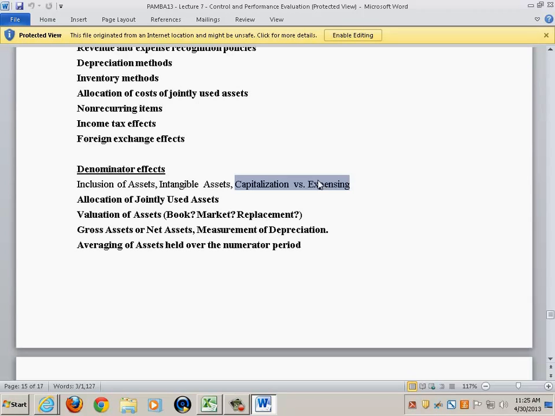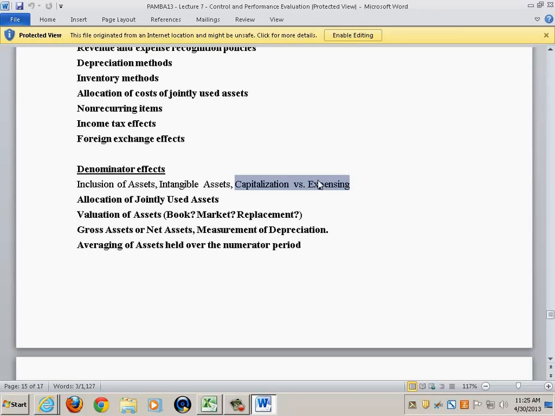But arguably, you could say that the benefits of research and development, if the research and development is effective at all, extend into the future, hopefully into many periods of the future.